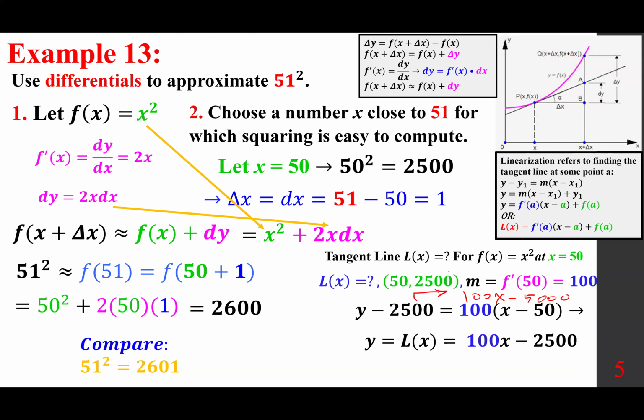And now if I replace the x with 51, I get exactly the same answer as I have here. These two must be identical. Otherwise, we've made a mistake. In other words, the answer you get through the process of using the differential and the answer you get through the process of using linearization or the tangent line, they must be absolutely the same.